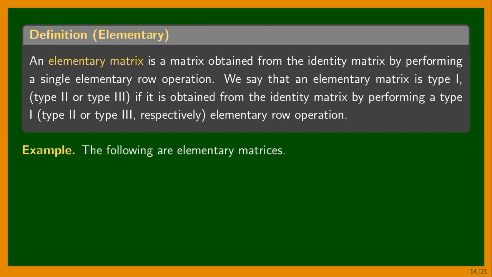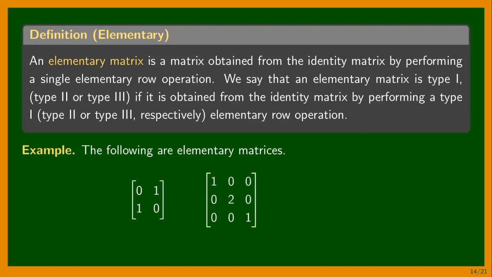For example, the following matrices are elementary matrices. This one was obtained from the identity. This is the identity, and I did a row swapping, right? So this is a type 1 elementary matrix because I swapped the first row and second row of the identity 2 by 2 matrix.